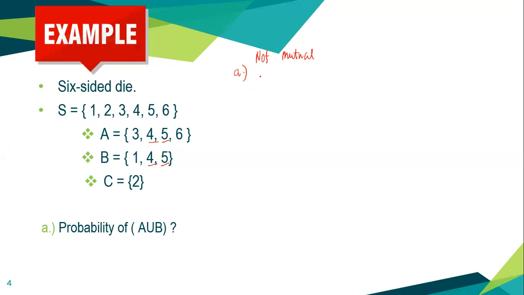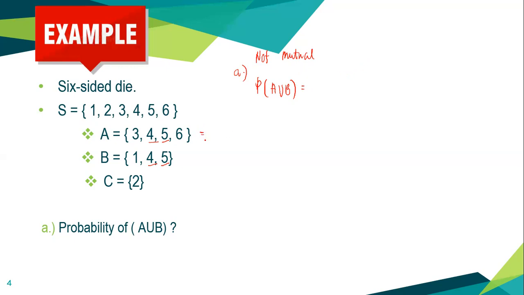We have here probability of A or B is equal to, so kung not mutual, yung meron tayong ima-minus sa dulo. Tama ba? Probability of A plus probability of B minus probability of A and B.